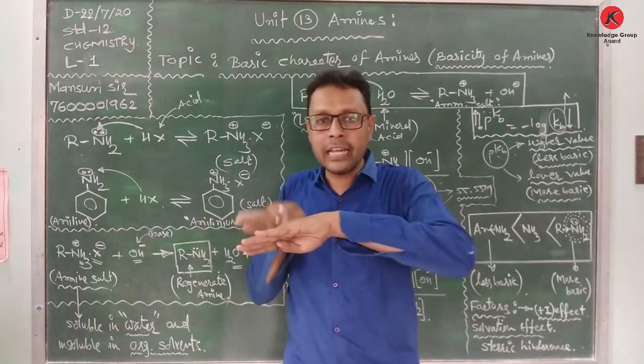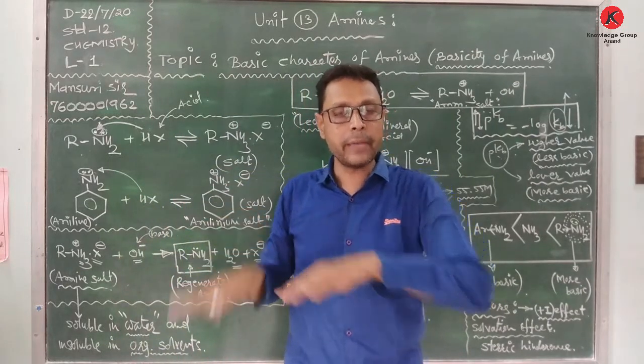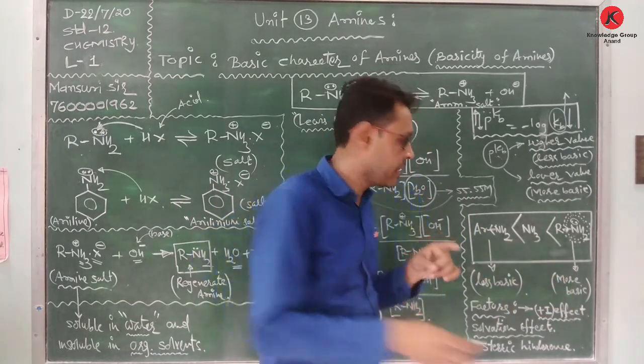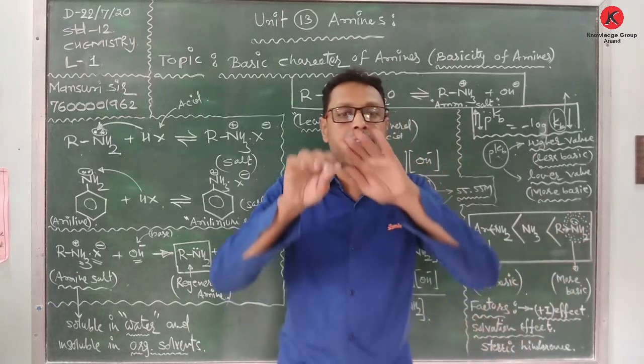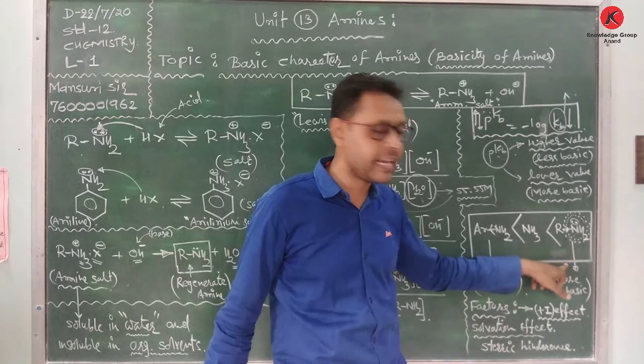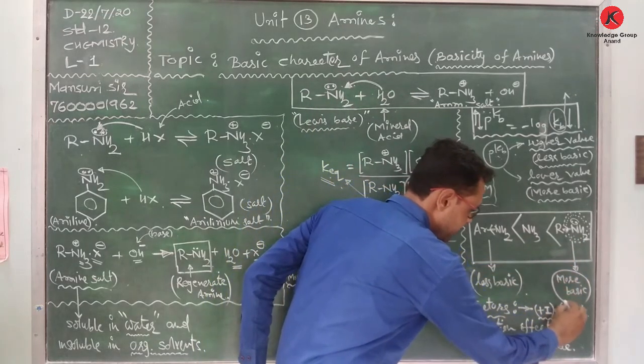Because the alkyl group, which is an electron donor group, donates electrons toward the nitrogen, the electron density on nitrogen will be increased. That is why we can say that alkyl amines are more basic substances.